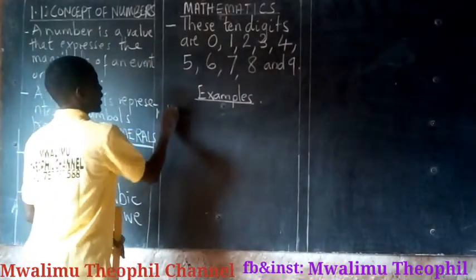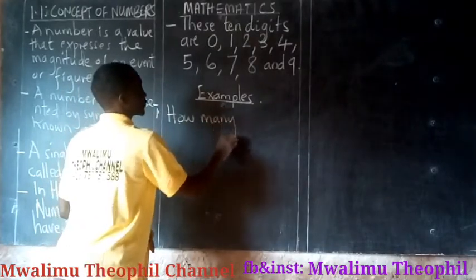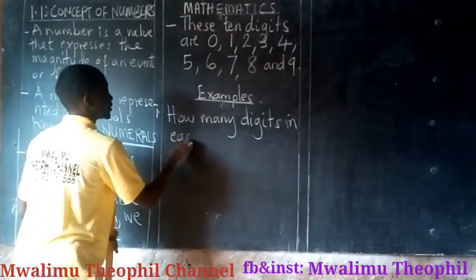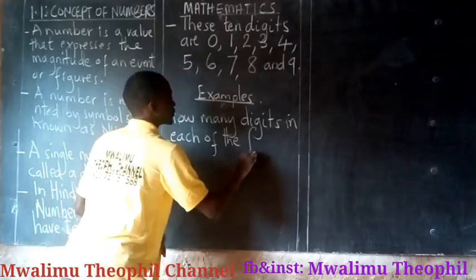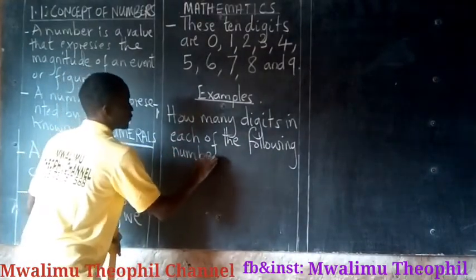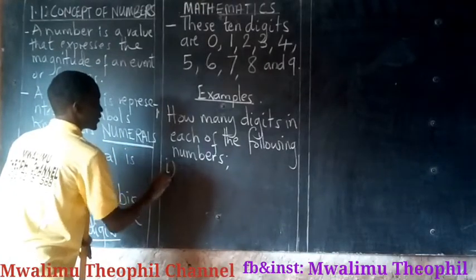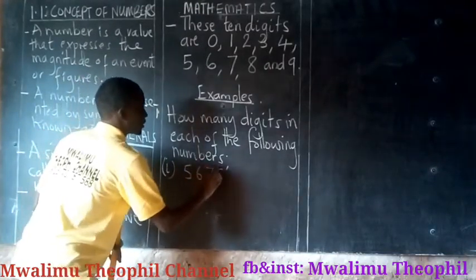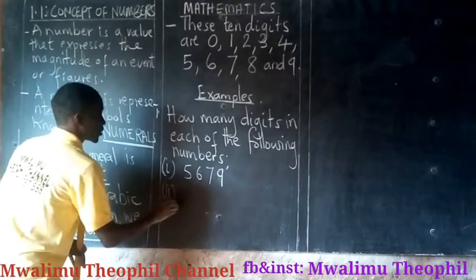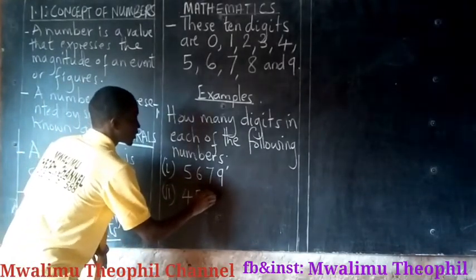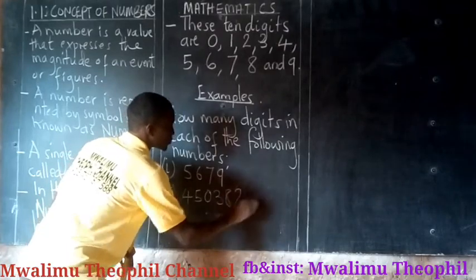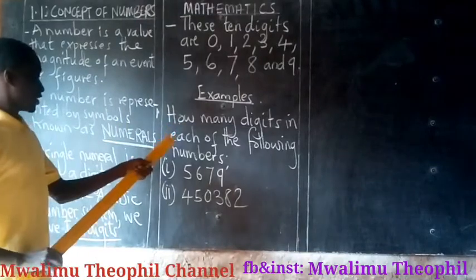Example 1. How many digits are in each of the following numbers?